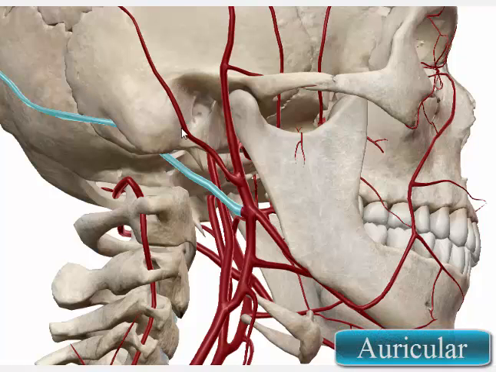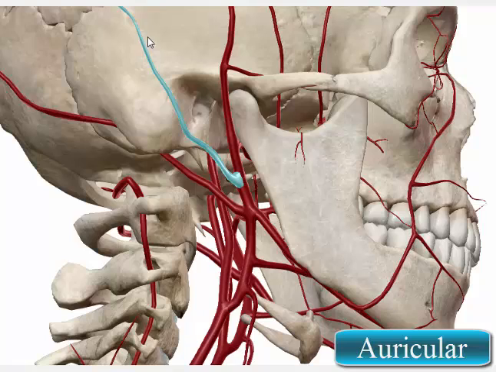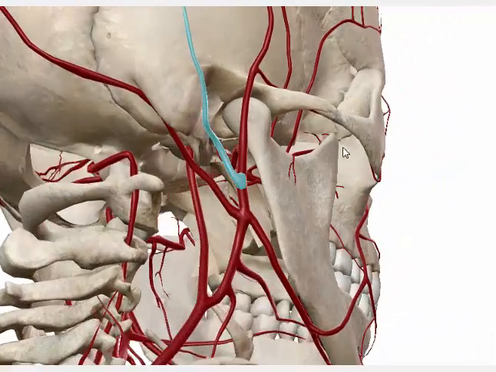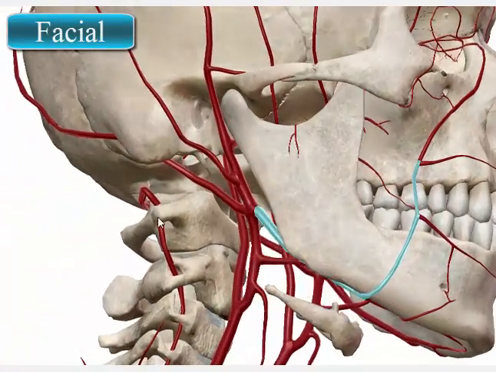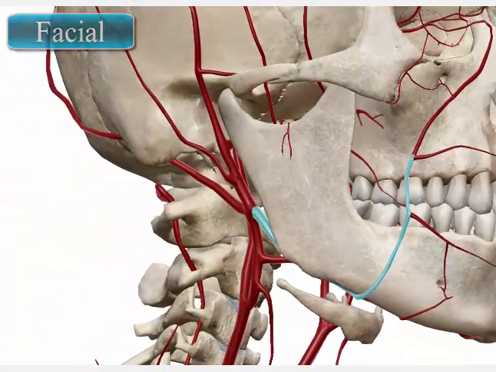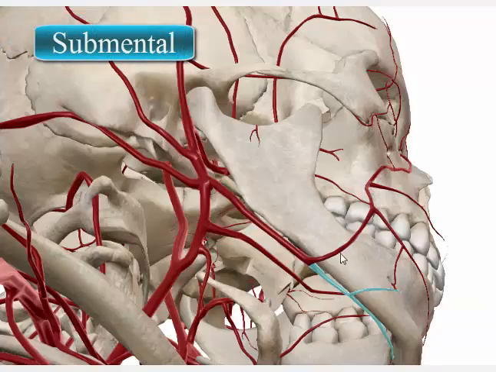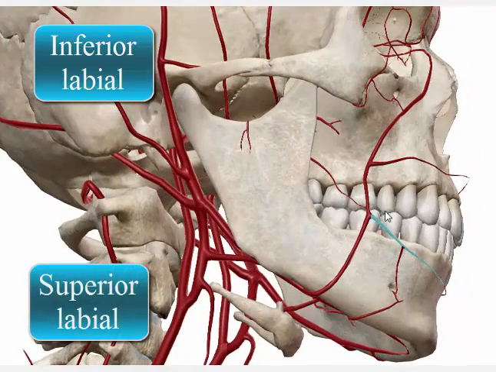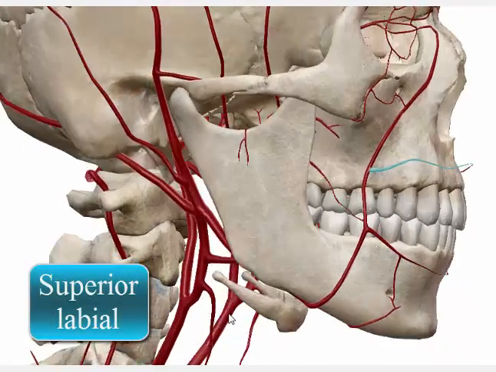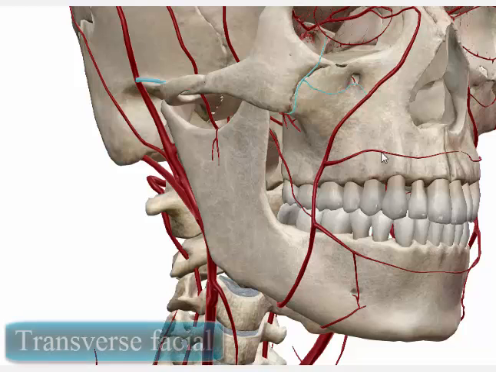The auricular artery supplies blood to the scalp, posterior to the auricle and to the auricle itself. The facial artery, which arises here, supplies structures of the superficial face, springing out the submental artery, inferior labial artery, superior labial, transverse facial, dorsal nasal arteries.